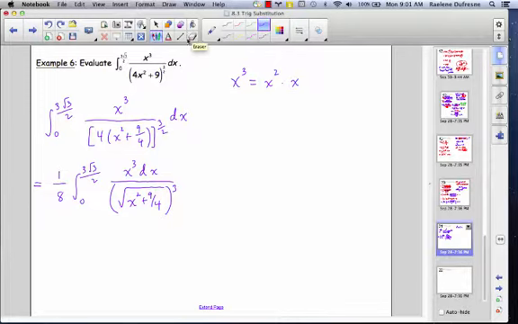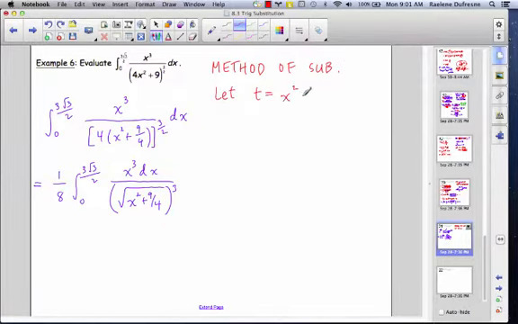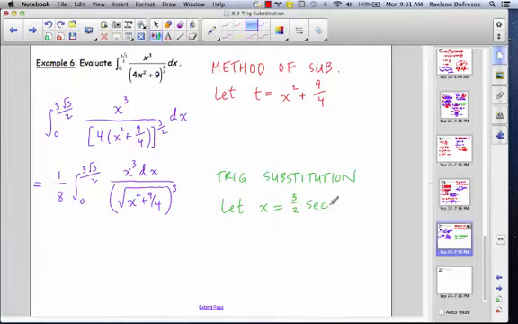Please pause the video and try a regular method of substitution and a trig substitution. Okay, just pause the video and try both of these.